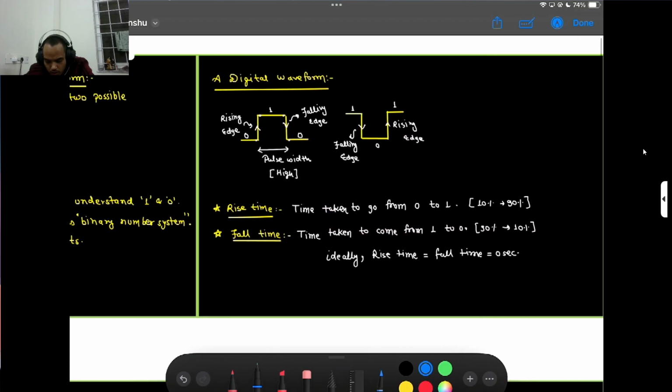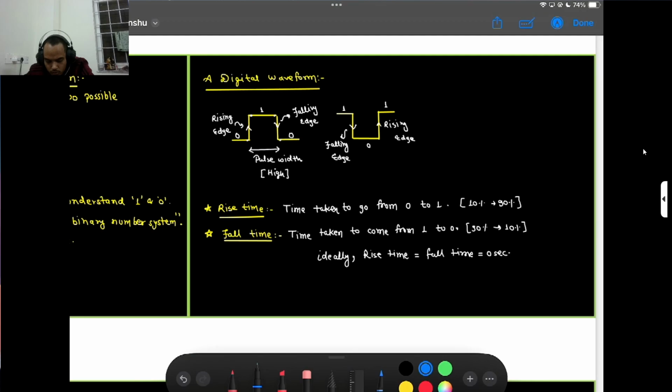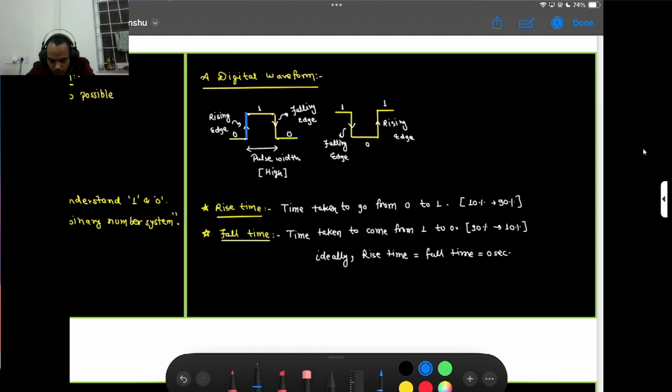A digital waveform has a rising edge, so here is a rising edge, this is a rising edge, and this is a falling edge and a rising edge. This is the pulse width, the time in which the signal is high.